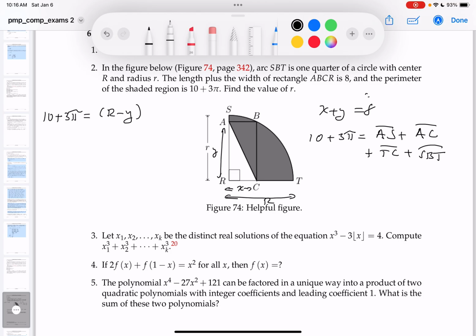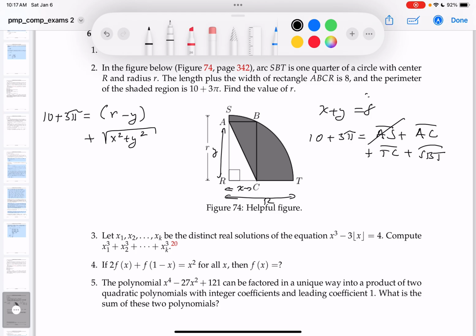By the way, maybe I shouldn't use that letter R. I'll use the lowercase r. R minus Y. So that's this guy taken care of. Let's see if we can do the AC. The AC is going to be the square root, a distance formula, or Pythagorean formula, of x squared plus y squared.